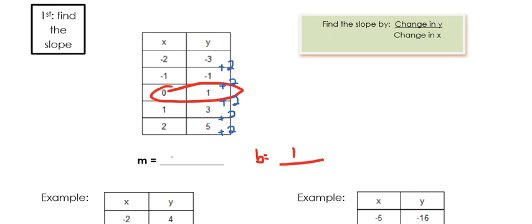So that's your change in y. And the change in x is +1, +1, +1, +1. So it's going to be 2/1 or 2 you can write, and that's fine. And now you have your 2 values. You're going to have y equals 2x plus 1, and that's your equation.